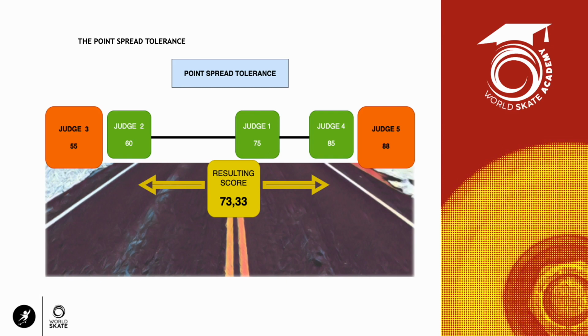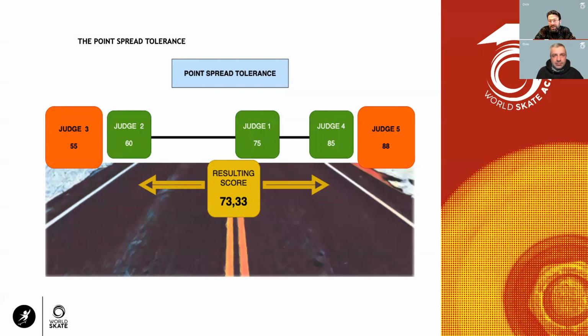So the point spread tolerance, on our depiction, is basically a maximum range of points where the judges can differ from each other. Let's imagine it like we are driving cars on the highway, like in our example, and the resulting score is the line in the middle to keep us all on the road to deliver the good results.